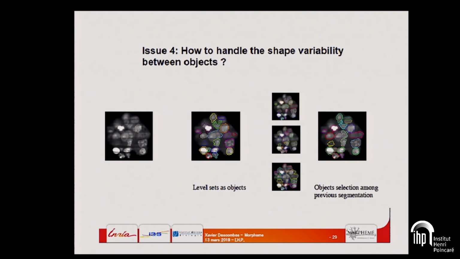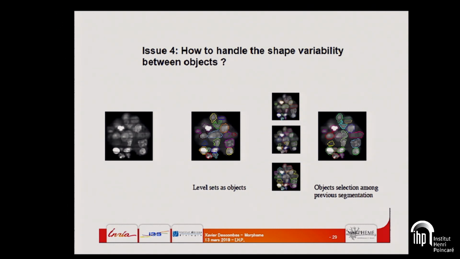But what we can do is to define a dictionary of candidates. For instance, you can take all the level sets of this image, and that gives some candidates. You can take your favorite segmentation algorithm, or a different one, and apply it on this image, take everything you detect as candidates, and then build your marked point process on this dictionary. In this case, you can get a much better result.